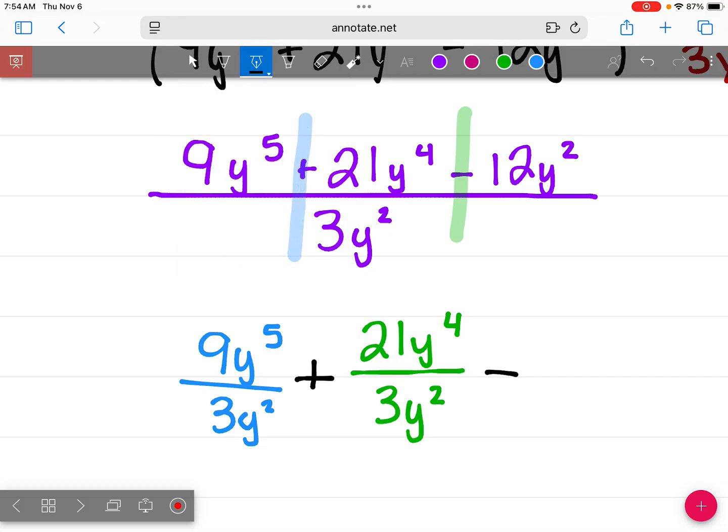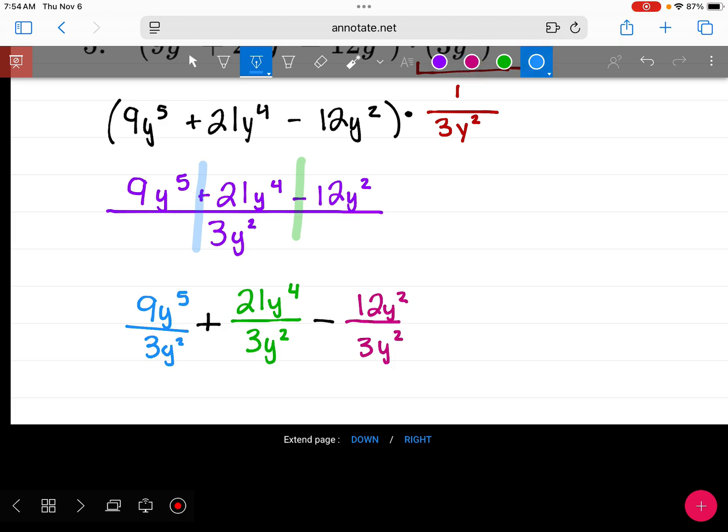It's okay, we're almost there. And then we're going to have our 12y squared over our 3y squared. So we separate each of these into their own fraction. Then we're going to simplify each one.